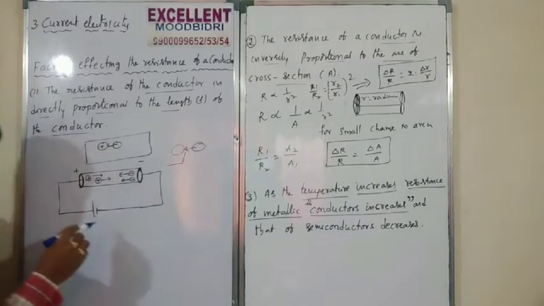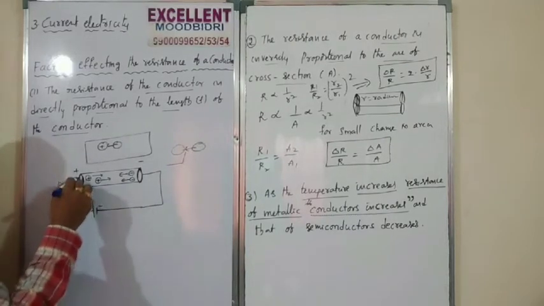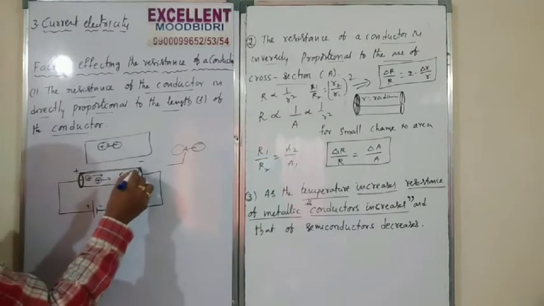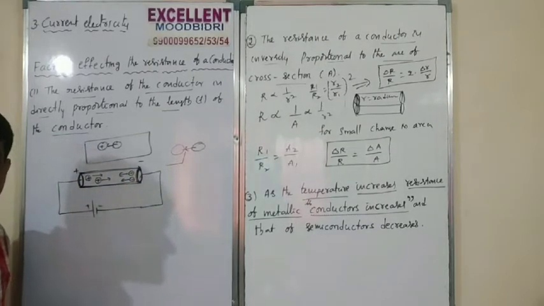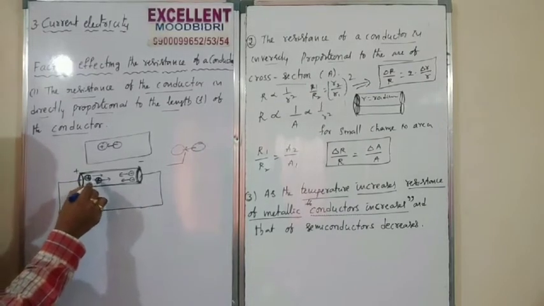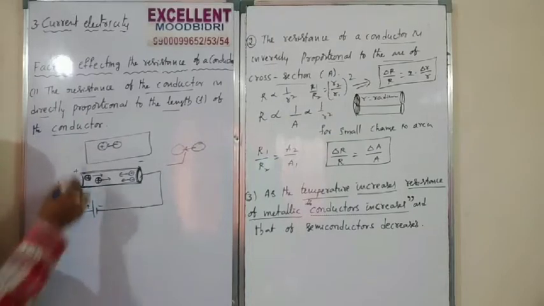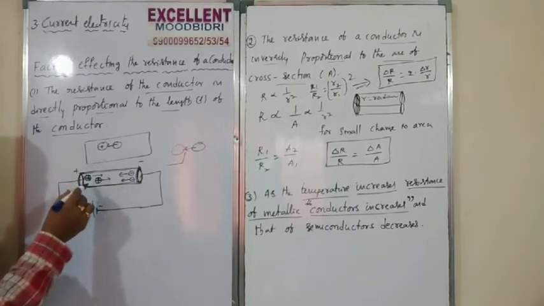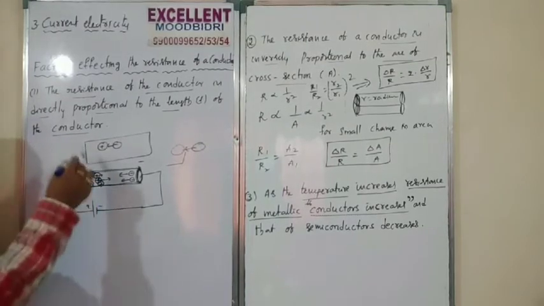When I give high potential, what would happen? The conductor will get heated. In that case, the vibration of these positive ions increases.